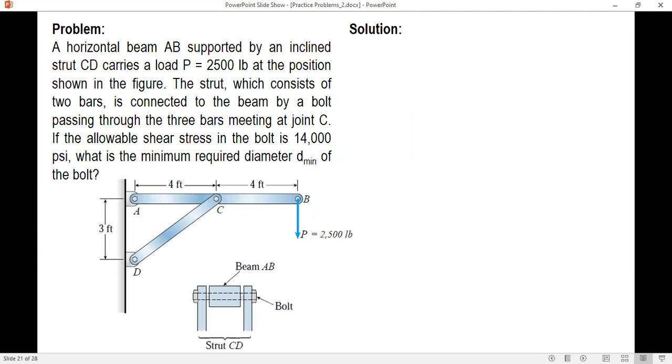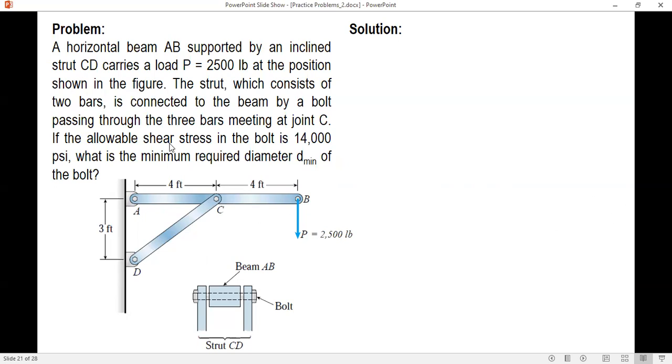The strut, which consists of two bars, is connected to the beam by a bolt passing through the three bars meeting at joint C. If the allowable shear stress in the bolt is 14,000 psi, what is the minimum required diameter of the bolt? Okay.